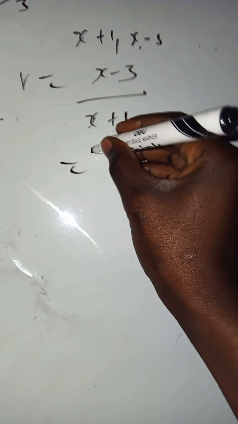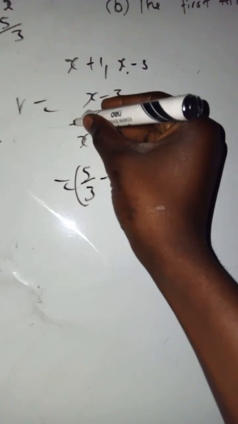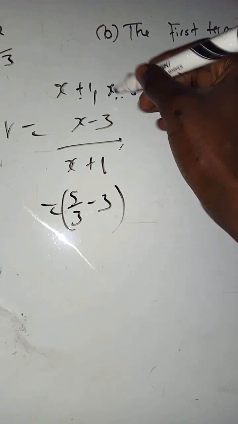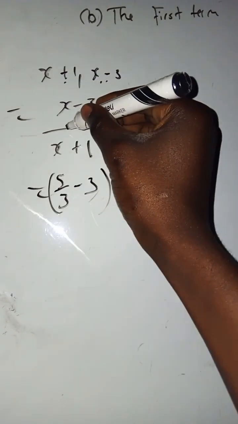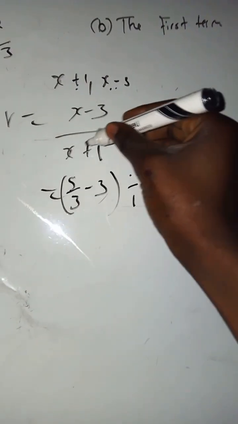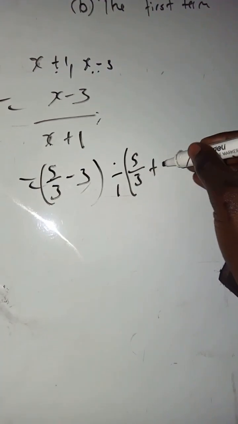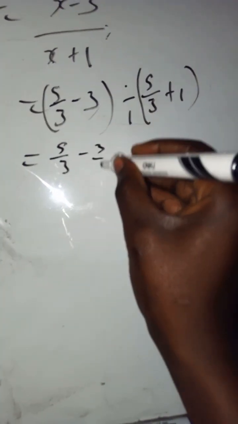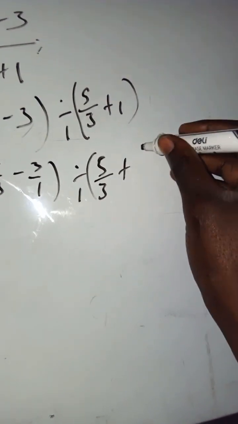So you have 5 over 3 minus 3, dividing by x, which is 5 over 3 plus 1. And therefore that equals 5 over 3 minus 3 over 1 dividing by 5 over 3 plus 1 over 1, like that.